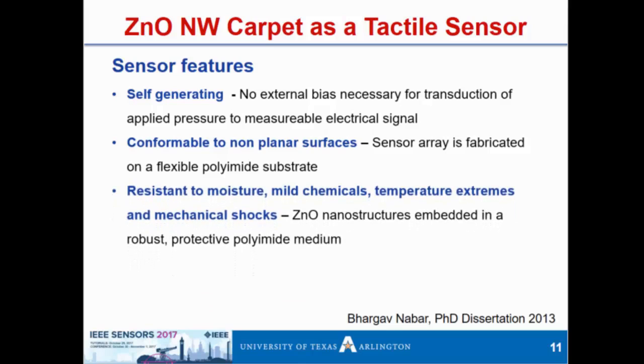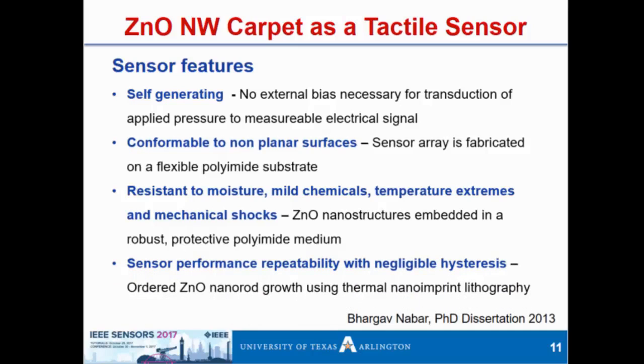So when you make something bendable, of course, you cannot put it into a regular package. So we built them in between a superstrate and substrate that are both flexible, and therefore they are resistant to moisture and mild chemicals. So we were able to measure the sensor performance with high reliability and high sensitivity.